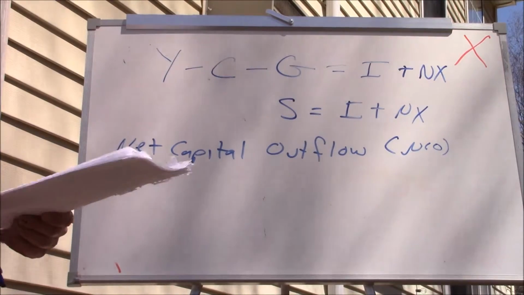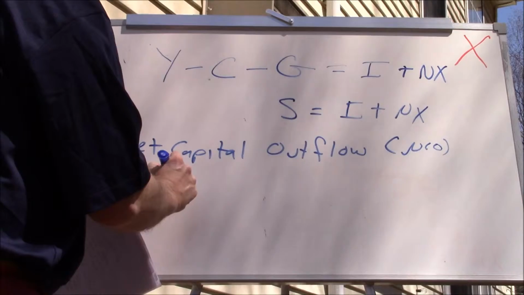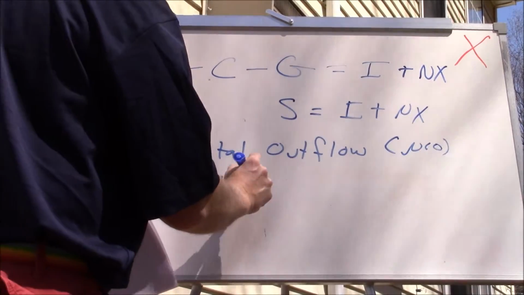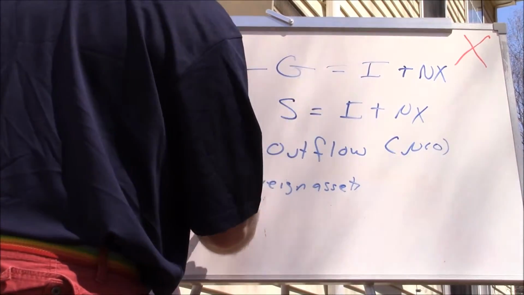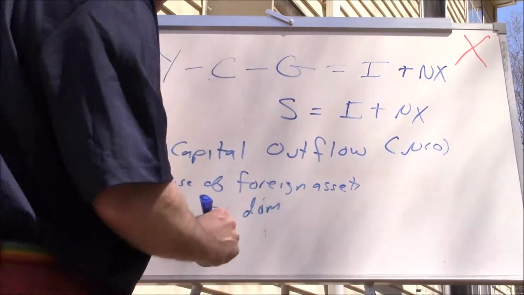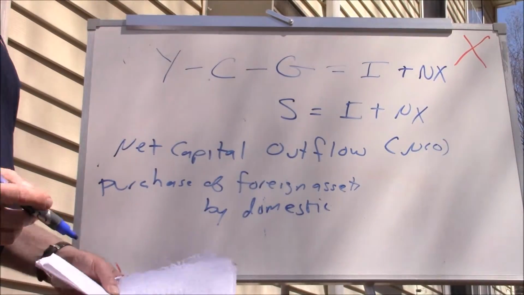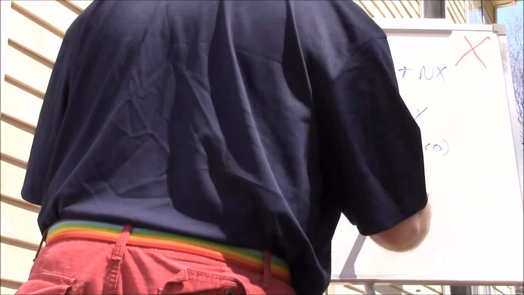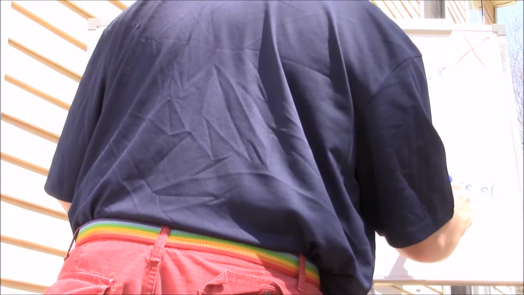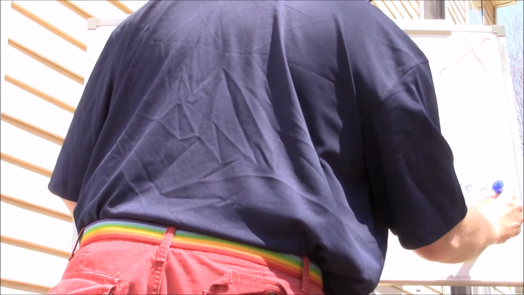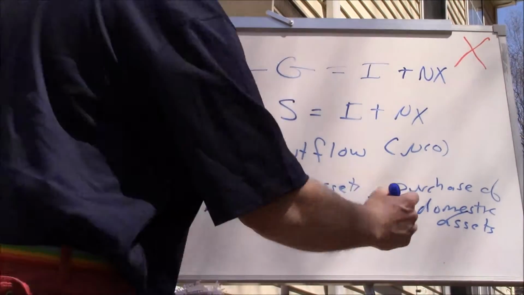And net capital outflow is defined as the purchase of foreign assets by domestic purchasers, which could be residents, could be companies, minus the purchase of domestic assets by foreigners.